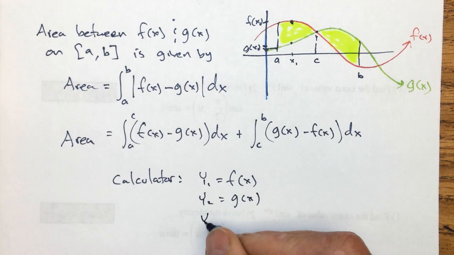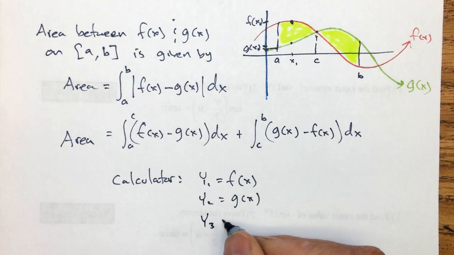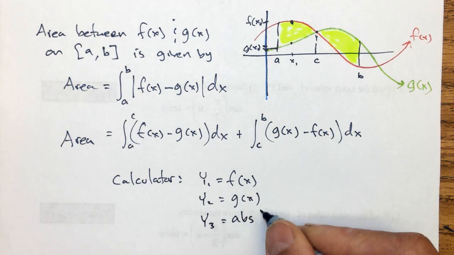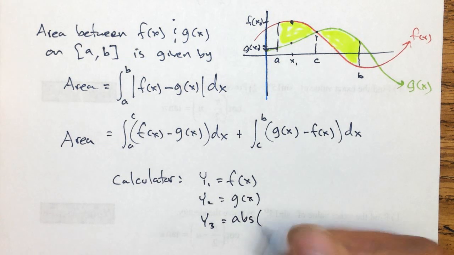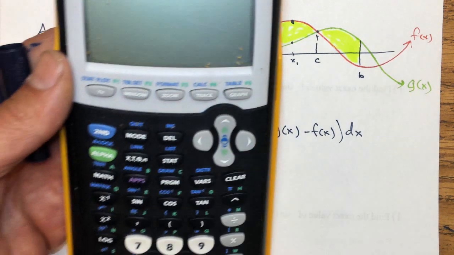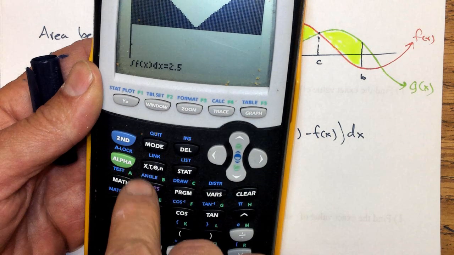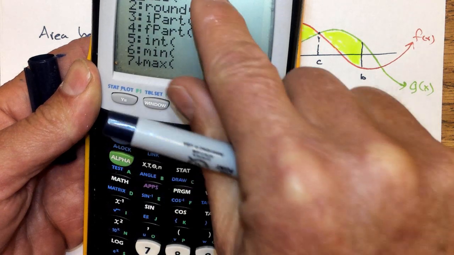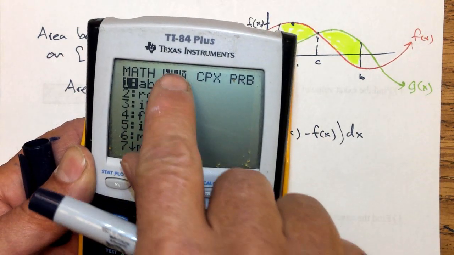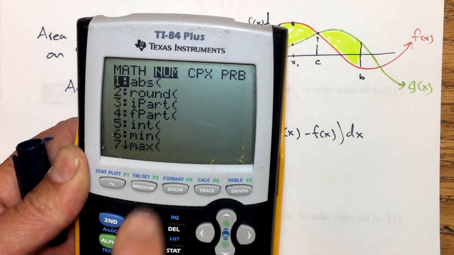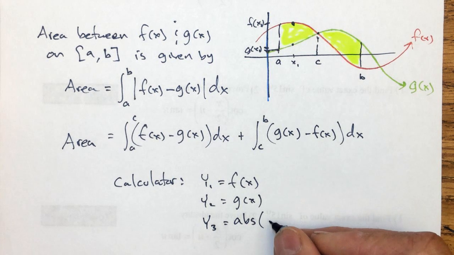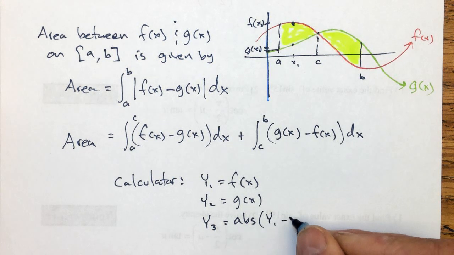Then you make a y3 that's the absolute value. Find the absolute value key on your calculator. It is under math, and then if you go to number, it's usually the first one there. Then you would say the absolute value of y1 minus y2.